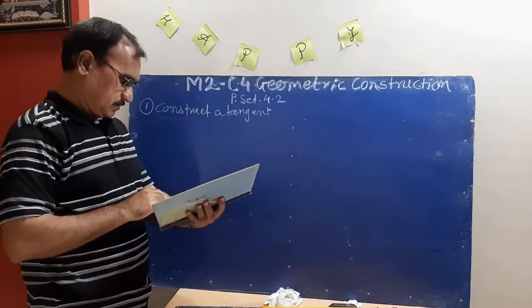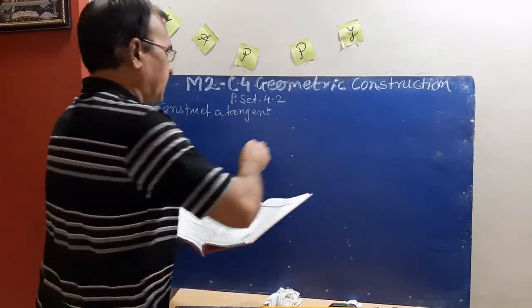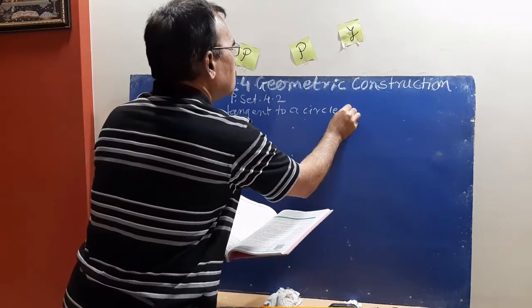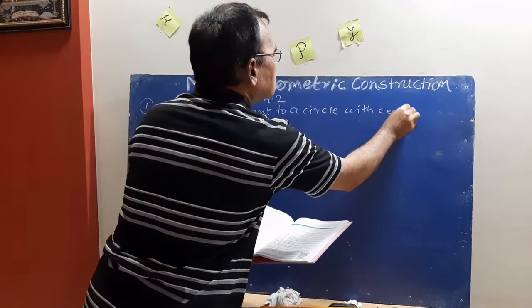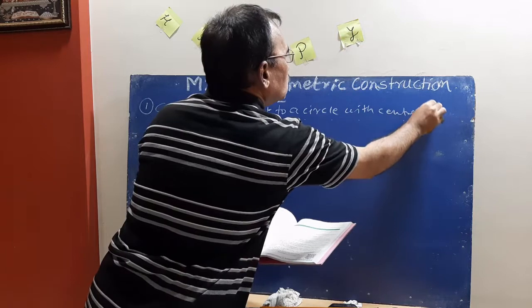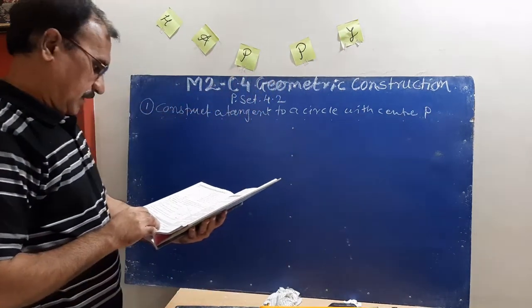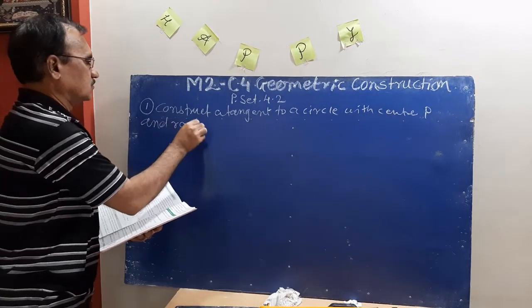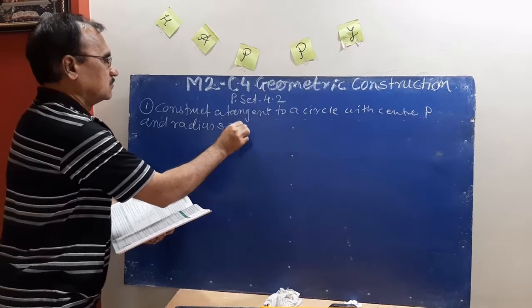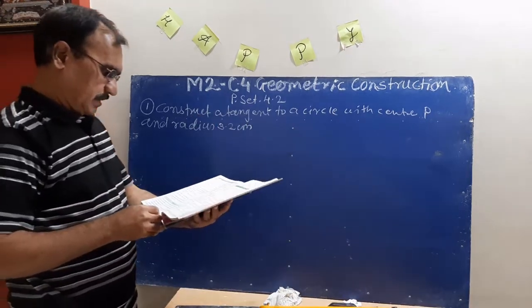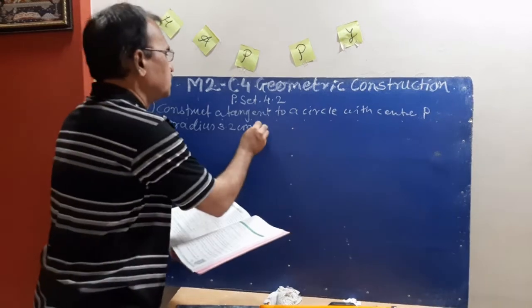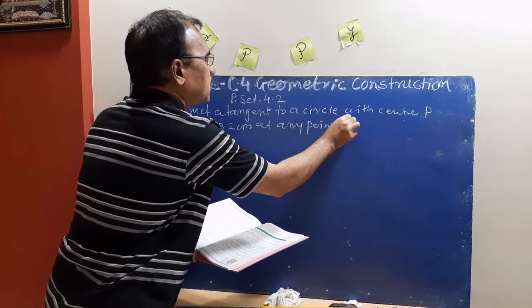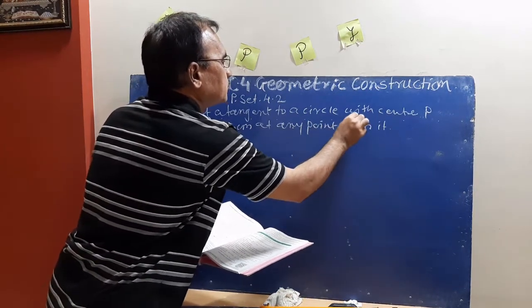Construct a tangent to a circle with center P and radius 3.2 cm at any point M on it.